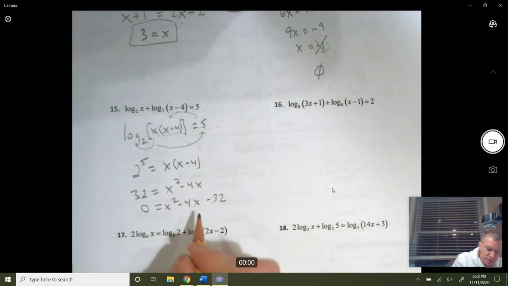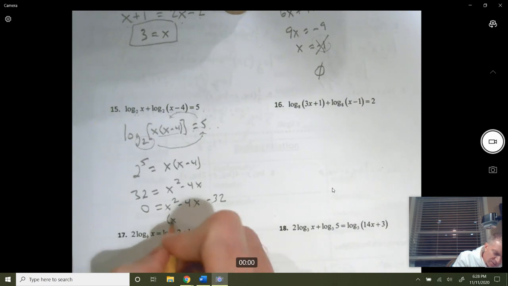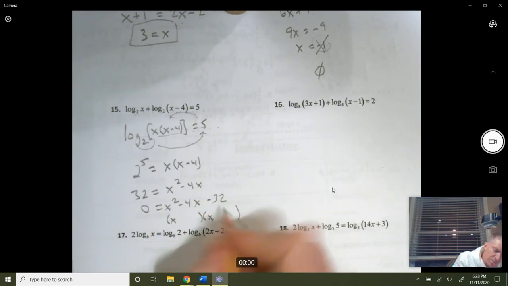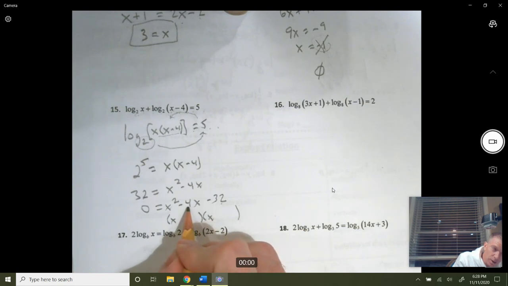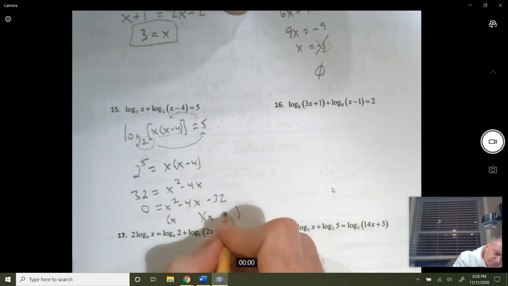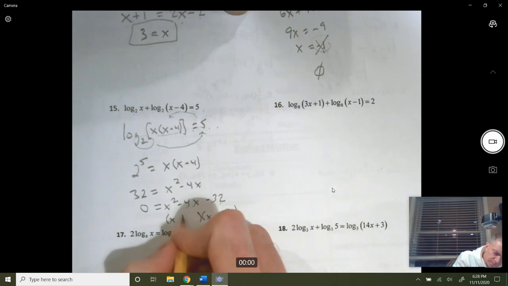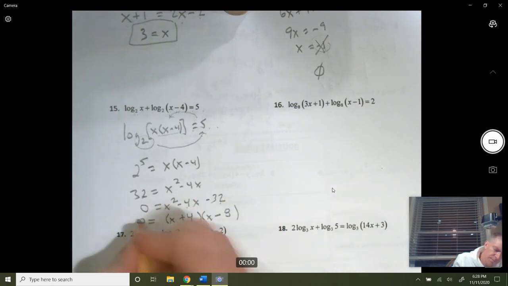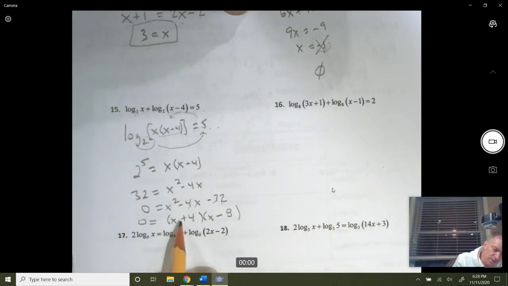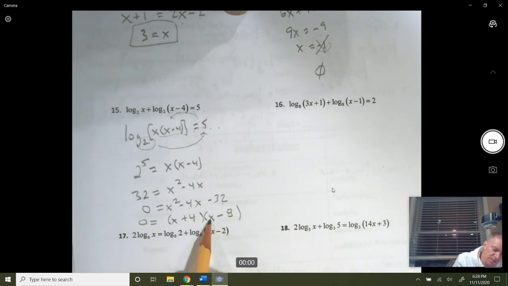You can use the quadratic formula, or let's see if that factors. Two numbers that multiply to negative 32 and add to negative 4. 8 times 4. Okay, that works. Minus 8x plus 4x gives you minus 4x minus 32.